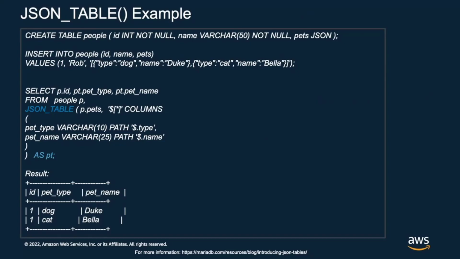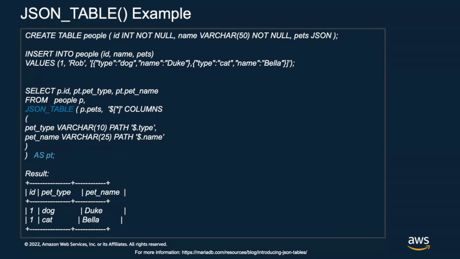Here is an example. I have a simple table which has an ID and a name, and a pets is a JSON format. It takes this table, right? And we insert a row which has the JSON file information. And then when you look at the select statement here, whenever we're calling the JSON table function, all we need to do is call out those alias names as PT and then refer that in your from clause within the select statement.